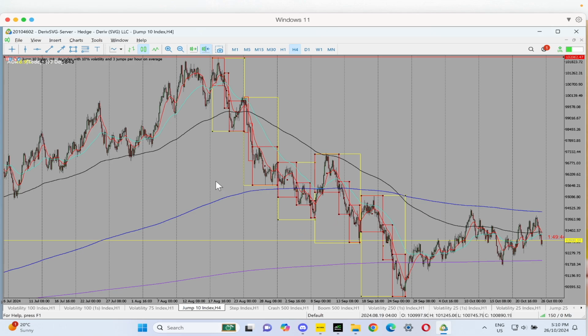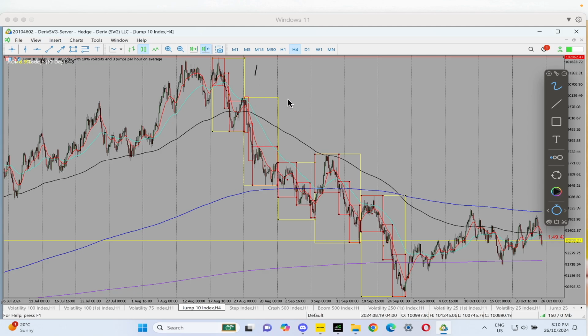So now how many levels do I have? I have 1, I have 2, I have 3, I have 4, and I have 5. So that means I am missing a level. So because I am missing a level, I still need to see a level 6. Remember what we said.